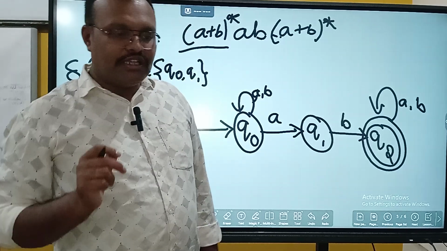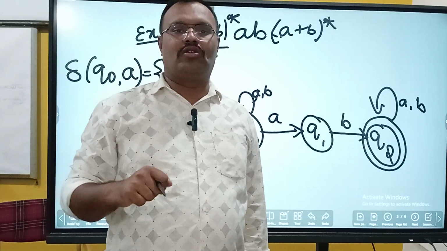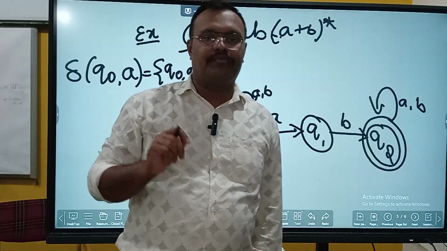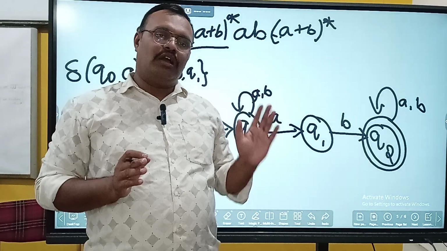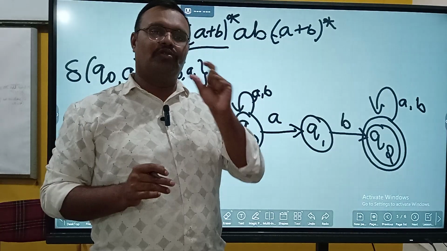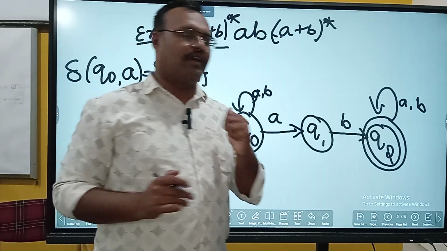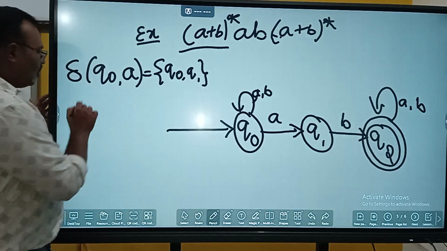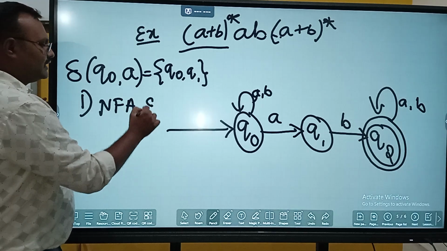Now, there is one more question. If I already have a deterministic finite automata, why should I go for non-deterministic finite automata? Because non-deterministic finite automata has some advantages over deterministic finite automata. Let us see what advantages we have. First one, construction of non-deterministic finite automata is easy.